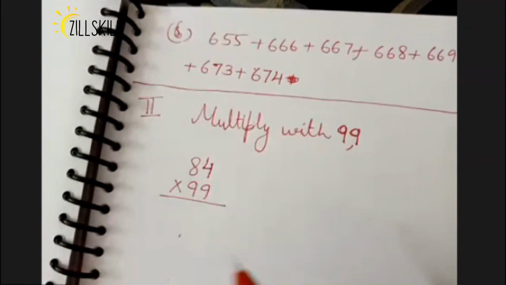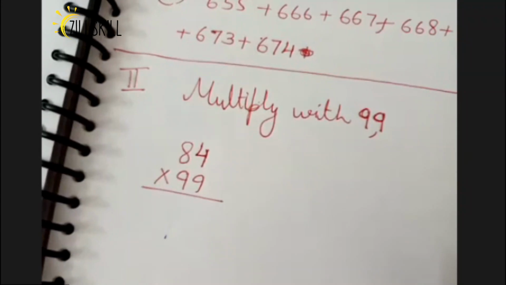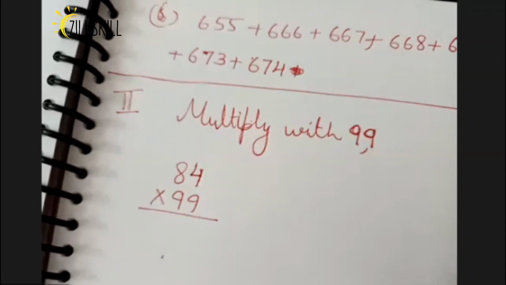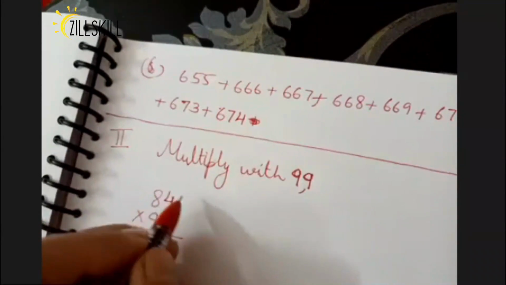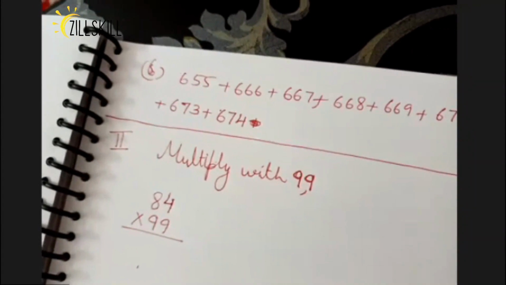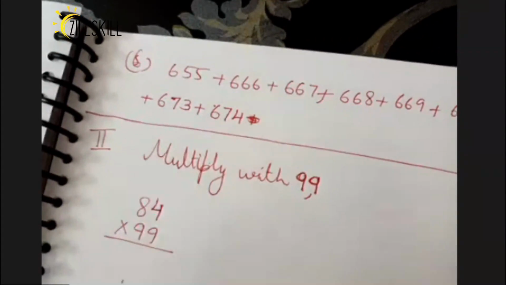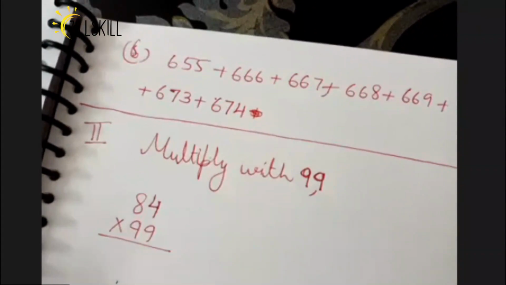Do you know about the successor and predecessor? What is the successor and what is the predecessor? The successor is the number one step forward, and the predecessor is the number one step back.